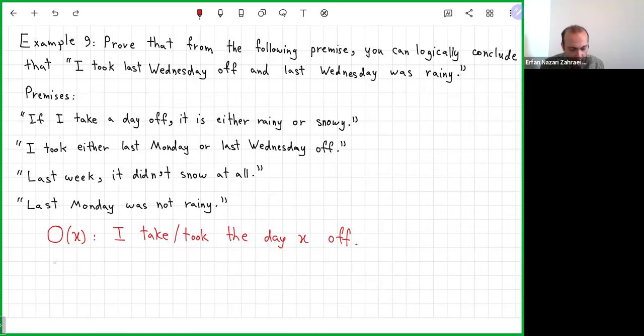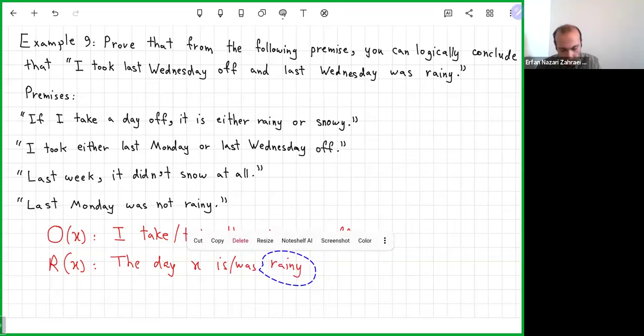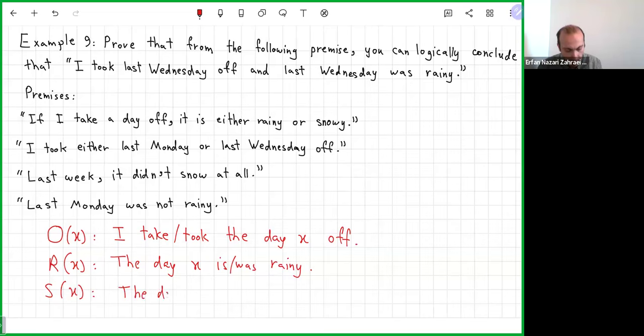And then for rainy and snowy, R_X: the day X is or was rainy. The present or past is not important. And S_X: the day X is or was snowy. That's all I need. Now let me translate these statements one by one in terms of these things.